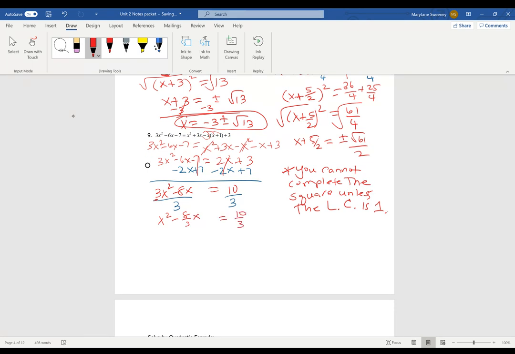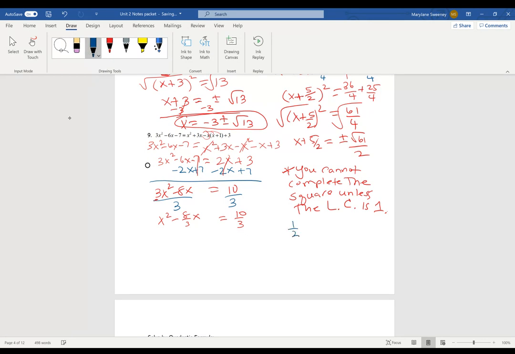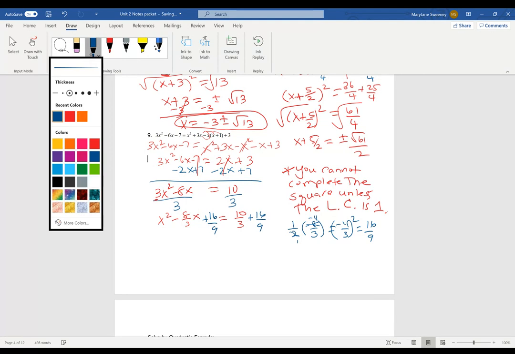So 3 divided by 3 is 1, 8 divided by 3 is 8/3, 10 divided by 3 is 10/3. Now I'm going to take half of the b, so half of the negative 8/3, which is negative 4/3, square it, that's 16/9. 16/9 is what I'm adding to both sides.